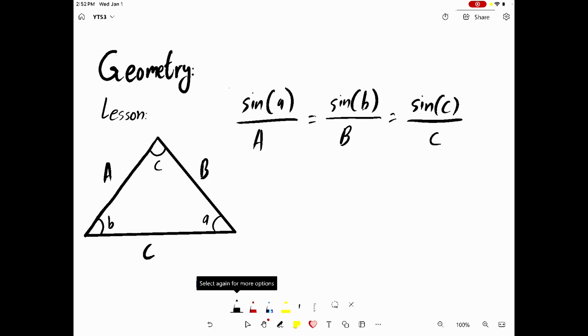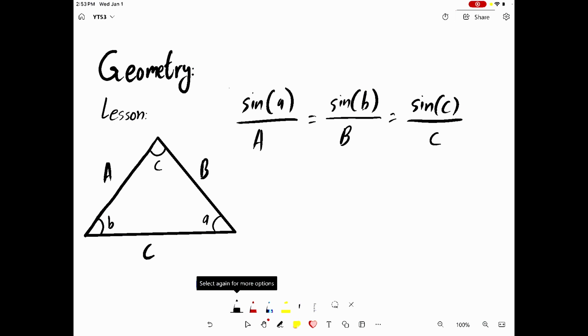Alright, today's lesson is about the law of sines, which is another very important geometry concept which is used in proofs. So if we look at the equation on the top, it says sine A divided by capital A is equal to sine B divided by capital B is equal to sine C divided by capital C. Now I used the individual capital letters to denote each of the sides, and the opposite angle to each side, I make sure that that's the lowercase letter, but it's the same letter.